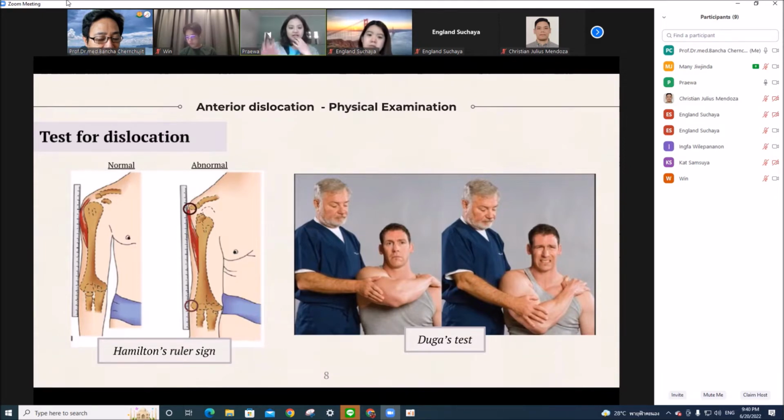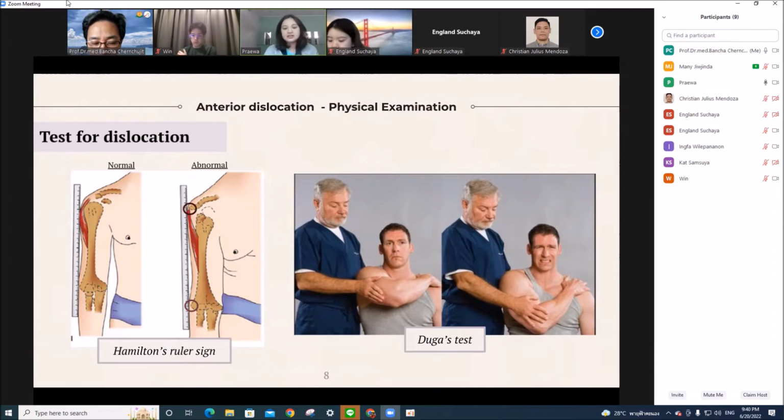The reason is that the head of the humerus moves down and medially, so the deltoid mass moves down and is gone, so it becomes straight instead. Yeah, the deltoid will be flat, right? In normal patients, you cannot do that, because of the deltoid muscles.